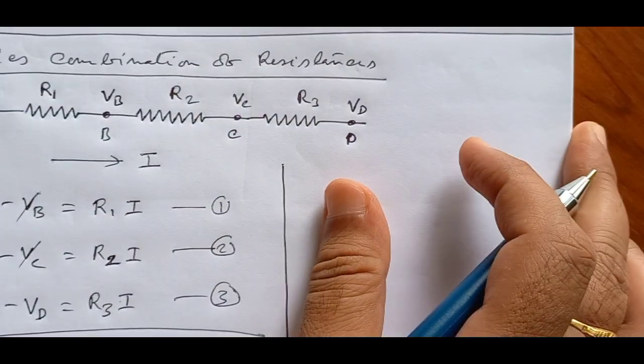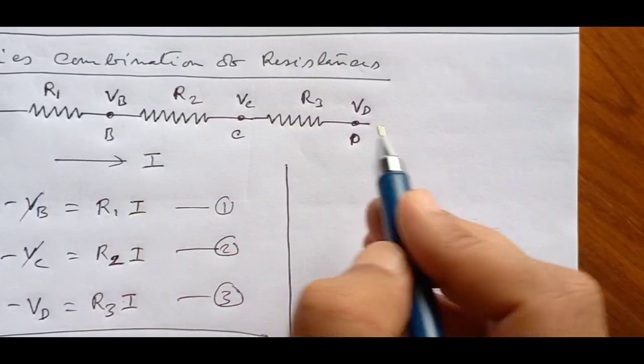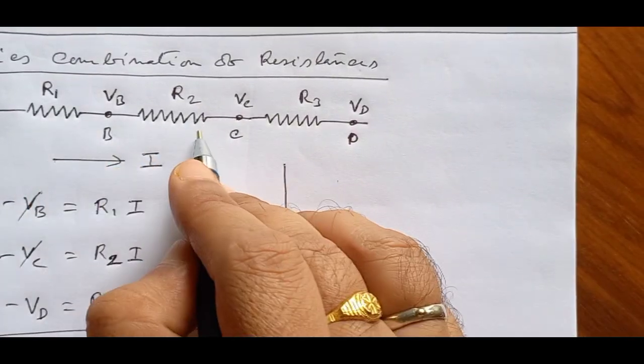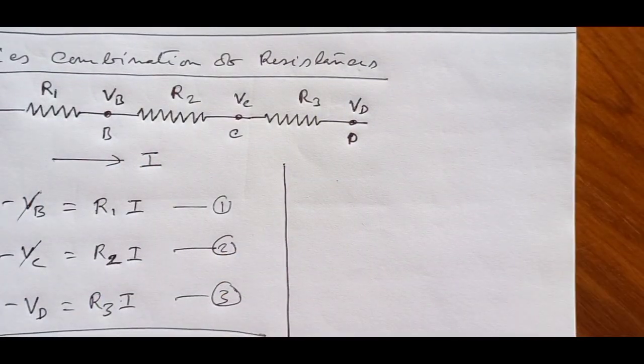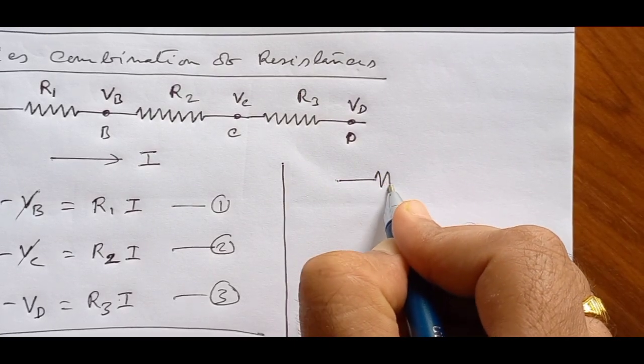Now if we draw the equivalent resistance of these 3 resistances in series combination, we can draw like this.